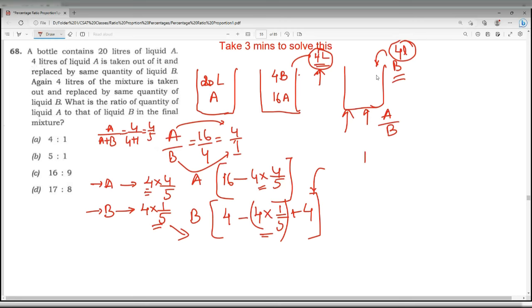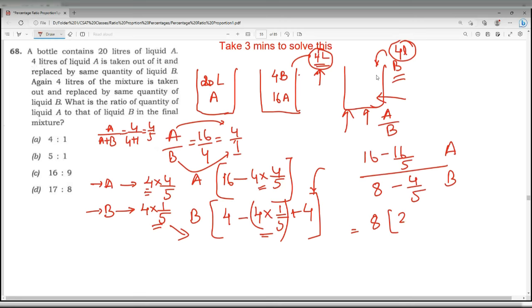So the total amount in the final solution would be this by this. 16 minus 4 into 4 by 5, divided by 4 plus 4 is 8 minus 4 by 5. This is the total ratio of A and B in the final solution in this container. And if you solve this, you can take 8 common here.